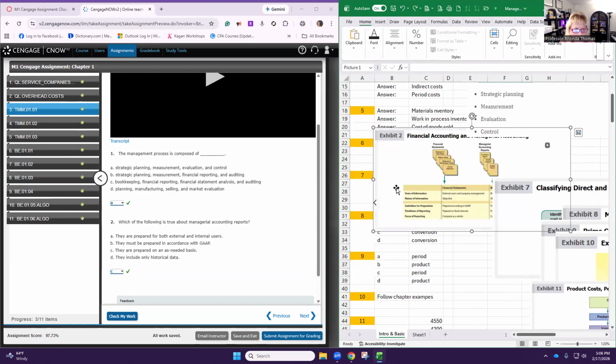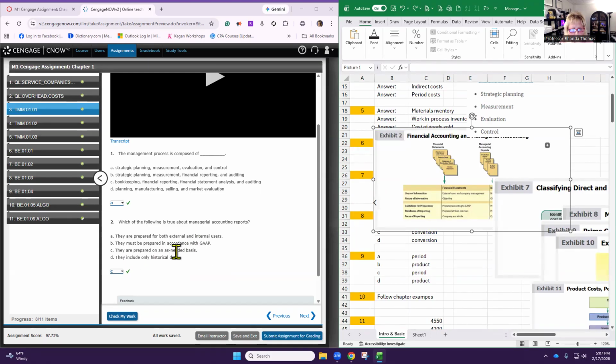Okay. All right. So which of the following is true about managerial accounting reports? No, they're not both external. Managerial is mainly internal. No, they don't have to be prepared according to GAAP. That's financial accounting.